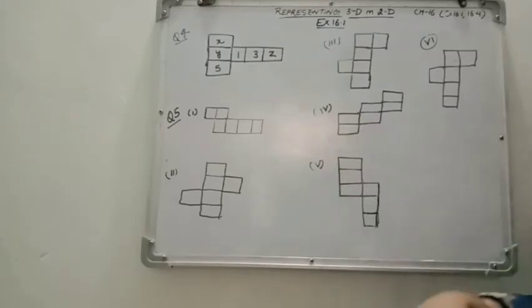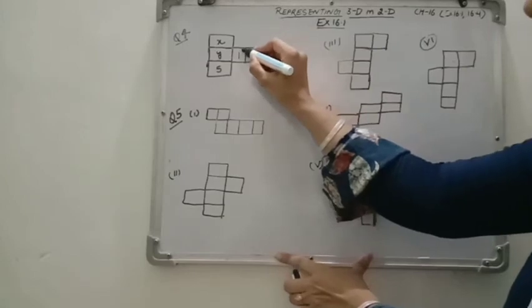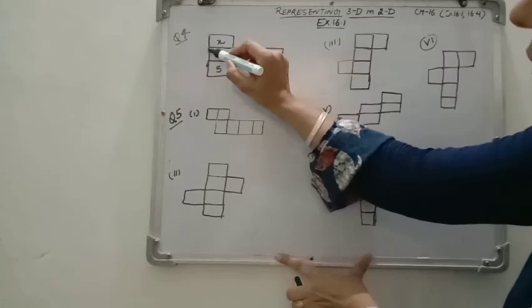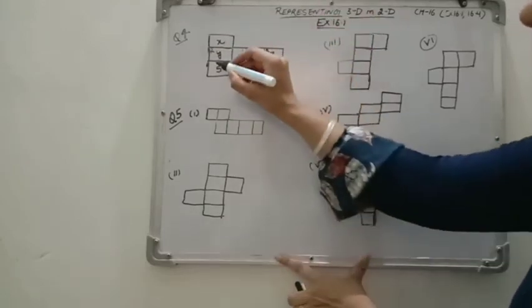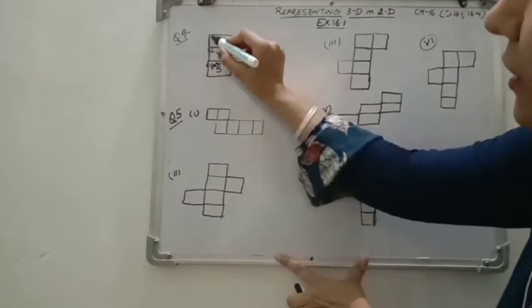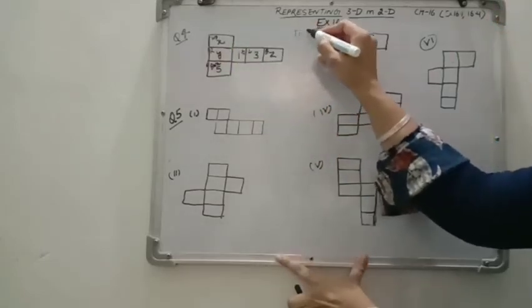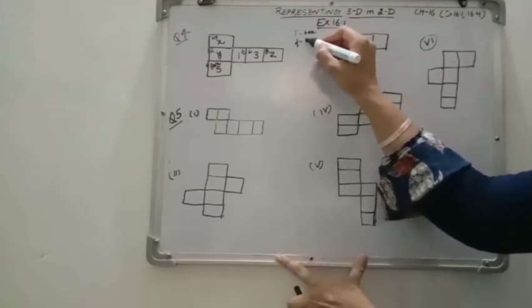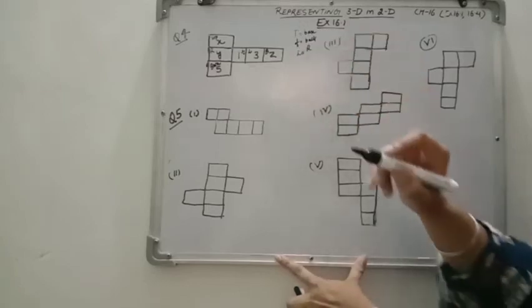So like that we will imagine: this is front, this becomes left, this is right, this is back, this is base and this is top. Already we did it. Top opposite is base, front opposite is back and left opposite is right.